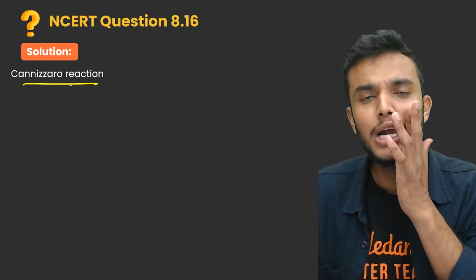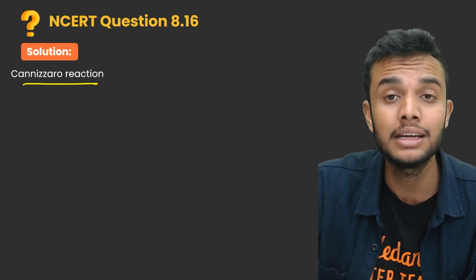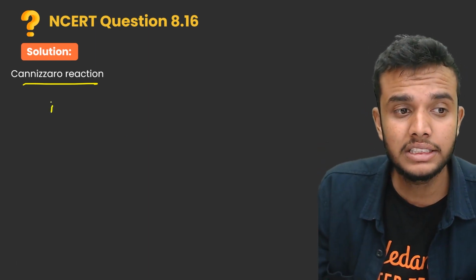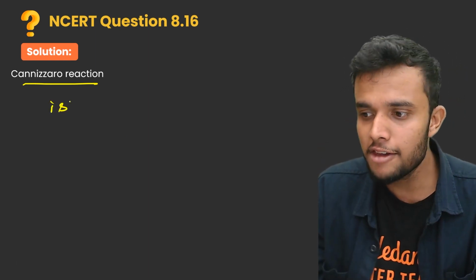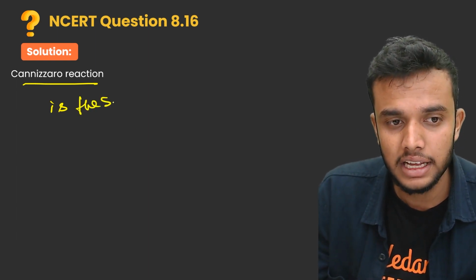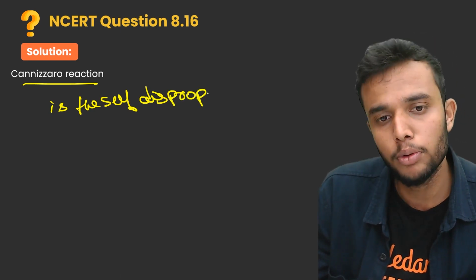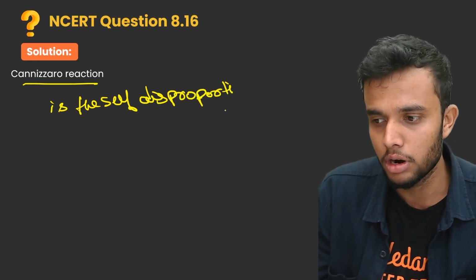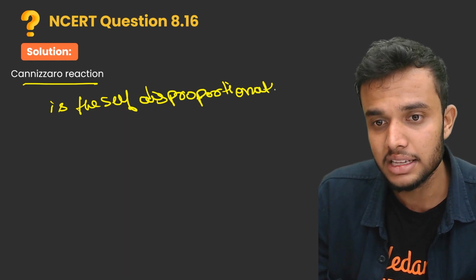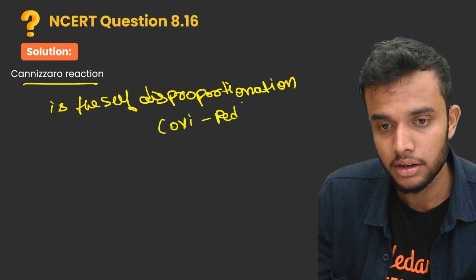Cannizzaro reaction. We already know about Cannizzaro reaction from the previous exercise also. What is Cannizzaro reaction? Cannizzaro reaction is the self-disproportionation, and disproportionation is nothing but oxidation and reduction together.